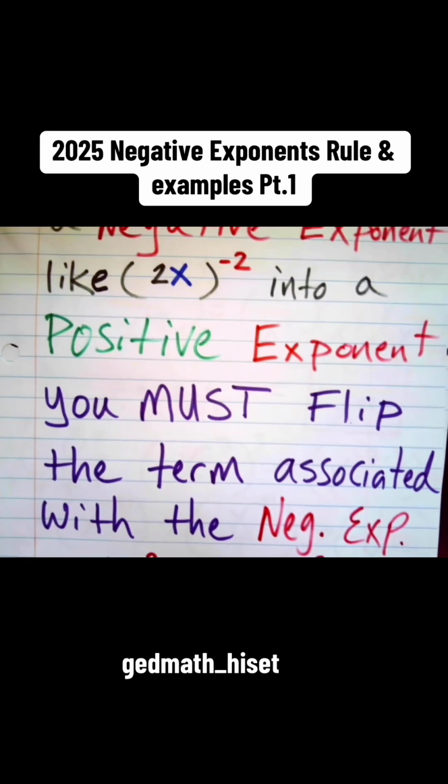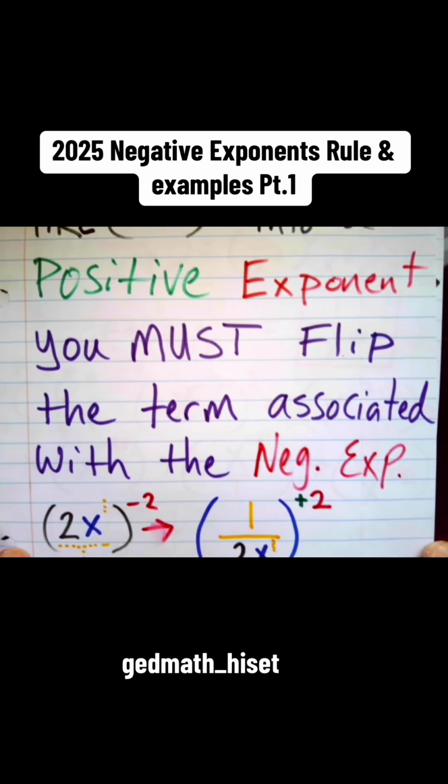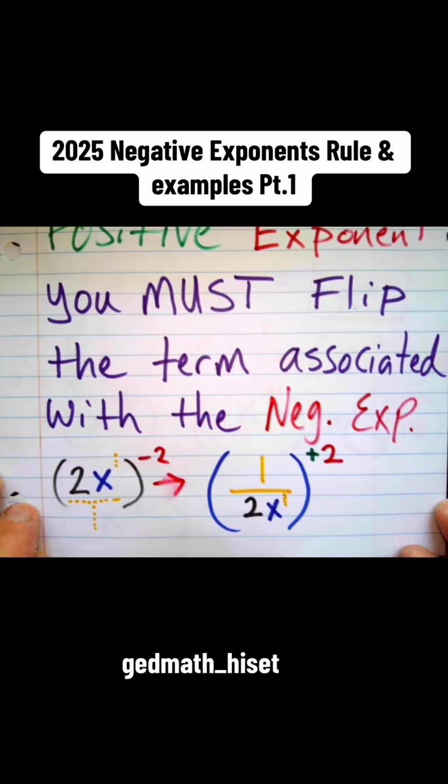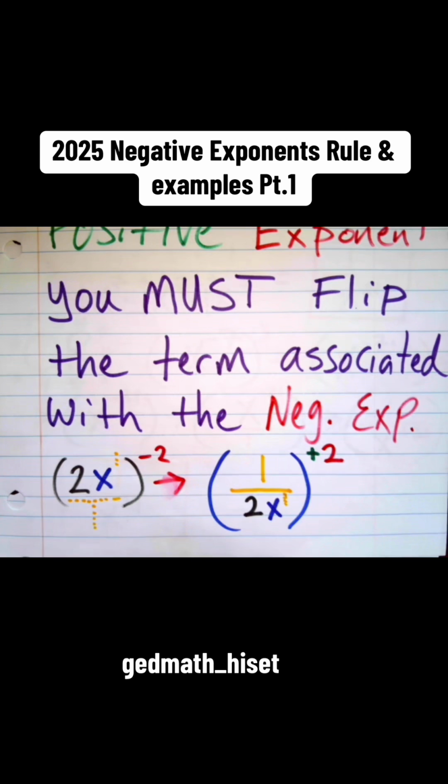So I'd like to show you an example here. I have that 2x raised to that negative 2 I originally started above. One thing I've done differently here is I've shown the invisible ones. I'm not going to simplify this problem.